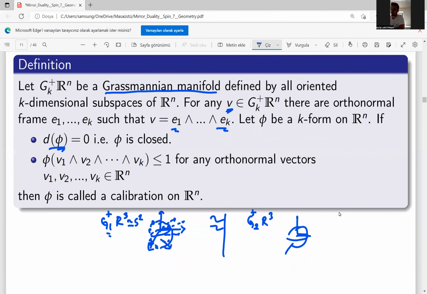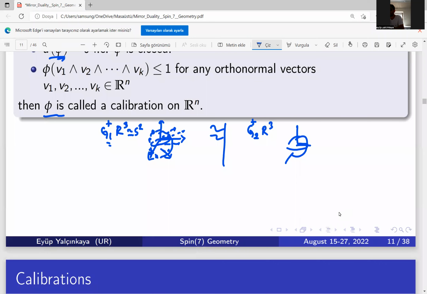You can use that phi is closed, and if phi eats the v1 to vk, we will find real numbers, right? Then we can say that phi of v1 to vk has to be smaller than 1. So this is the correspondence of the second requirement. We can say that phi is called a calibration on Rn.